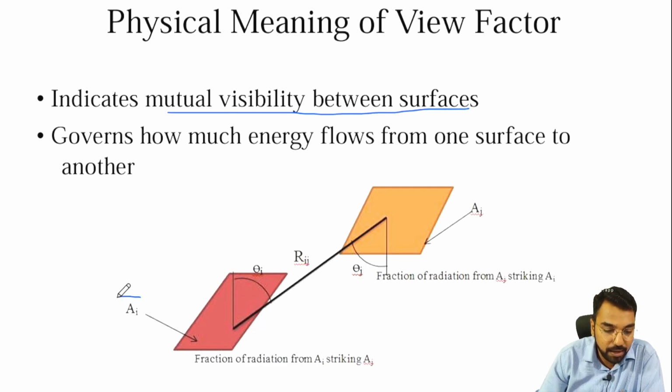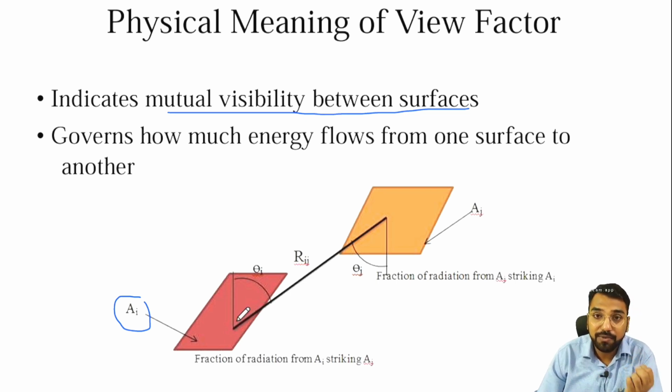If A1 is the surface area of this object, and this object is emitting some radiation energy to this surface, which is oriented at a certain angle, then from the total amount of energy, a part of the energy is going to be emitted from this surface to this surface, and this surface will absorb some part of that energy.